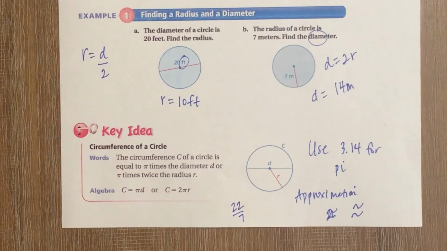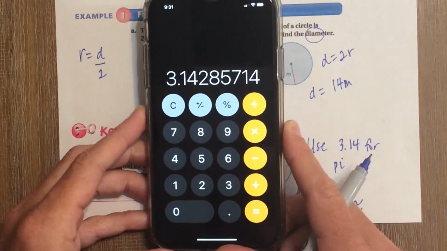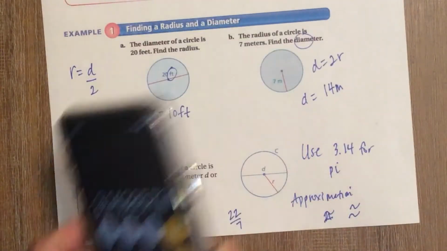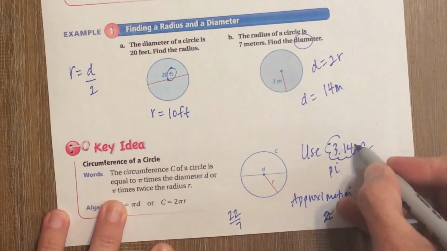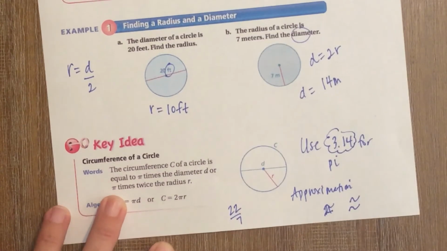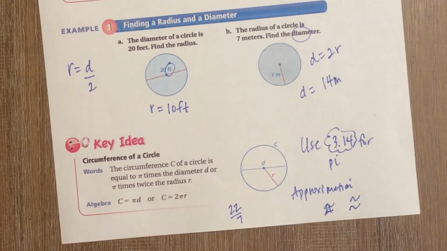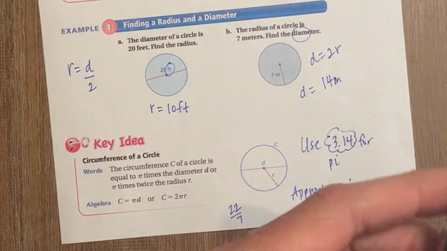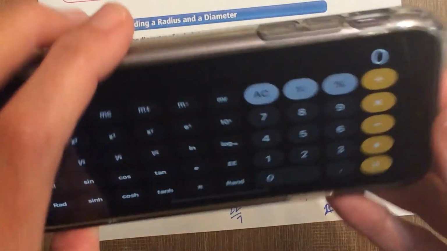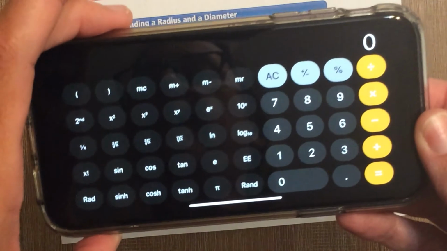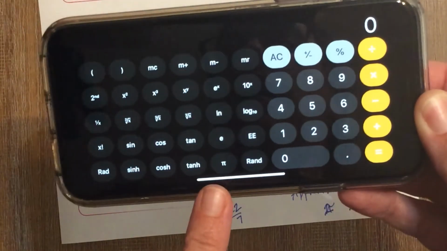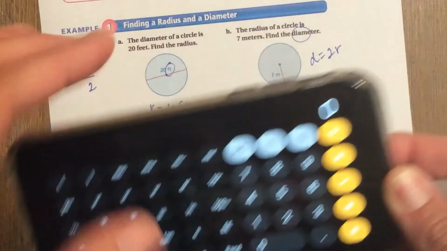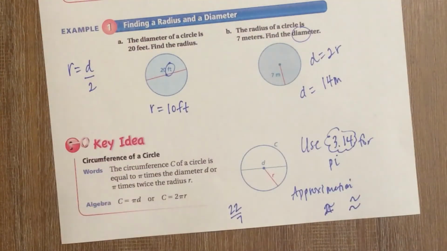But if you take 22 and divide it by 7 on your calculator, you get something similar to what pi is. You guys will probably most often use this because you have the ability to punch it into a calculator, okay? Some calculators, like your scientific calculators, have a pi button. Mine is right there. But in 7th grade, we just use the approximation for pi, which is 3.14.